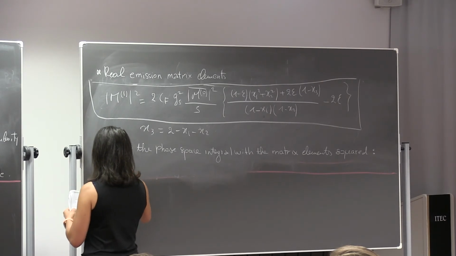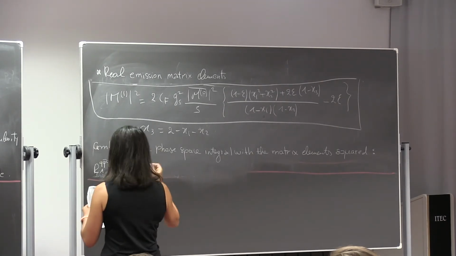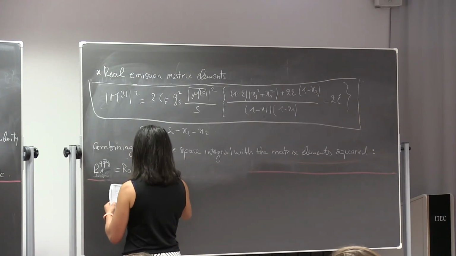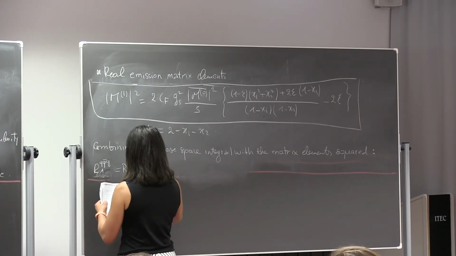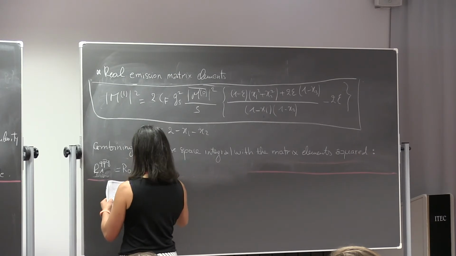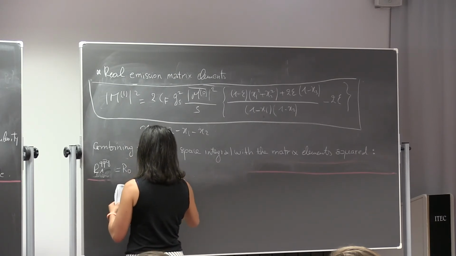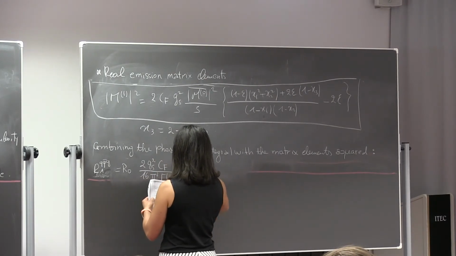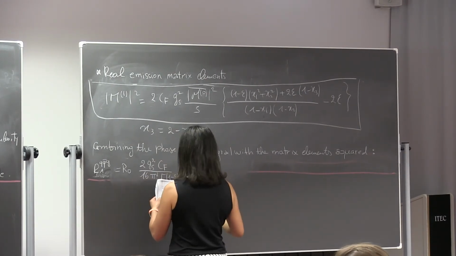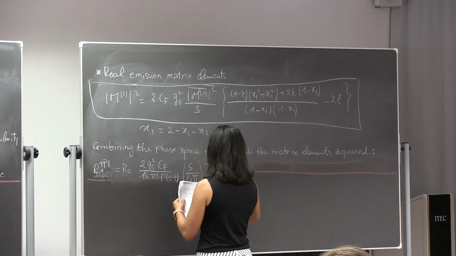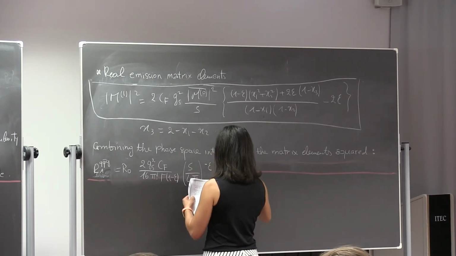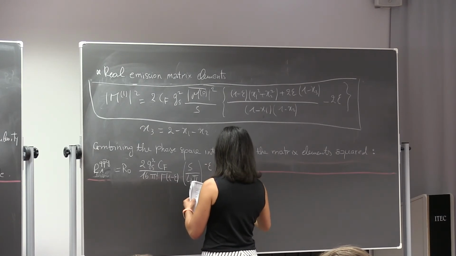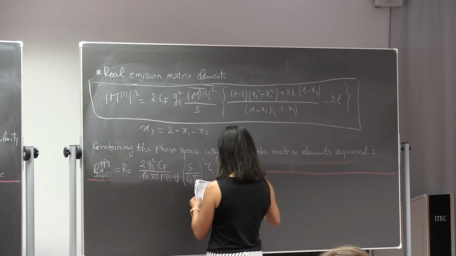This is R0 times 2 times the strong coupling constant squared, C_F, over 16 pi squared. We're integrating over x1 and x2. This one goes from 0 to 1. This one goes from 1 minus x1 to 1.